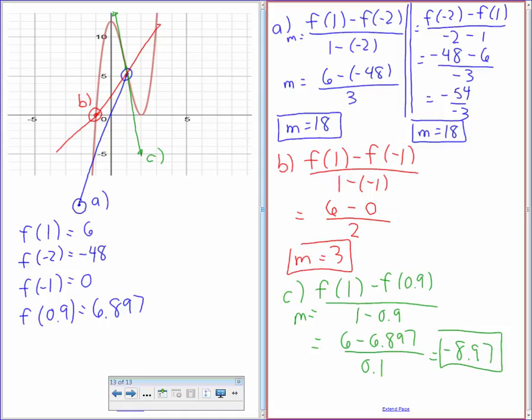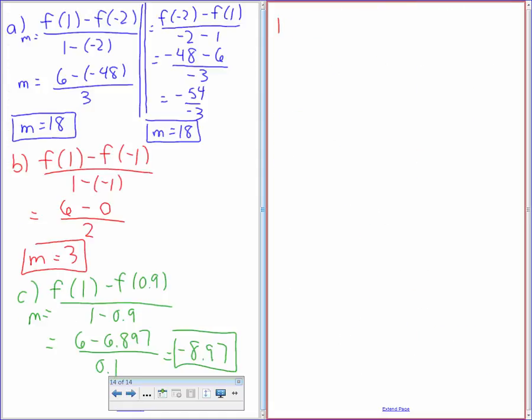All right, you've got about 10 minutes left here. If you want to get started on your work, you can. Here's the homework for tonight. Page 62.